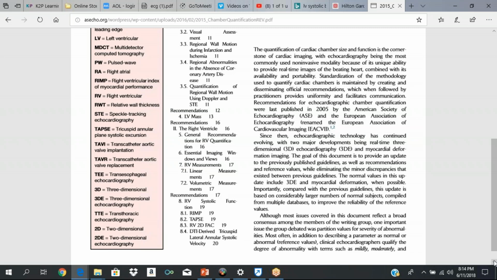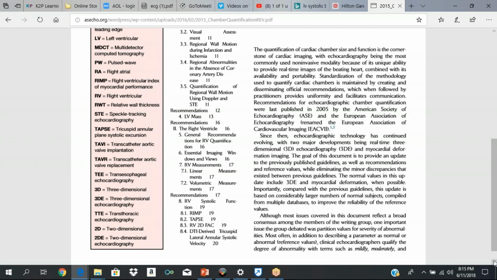Recommendations for echocardiographic chamber quantification were last published in '05 by the American Society of Echo and the European Association of Echocardiography, renamed the European Association of Cardiovascular Imaging. That was the last, excluding this current recommendation.